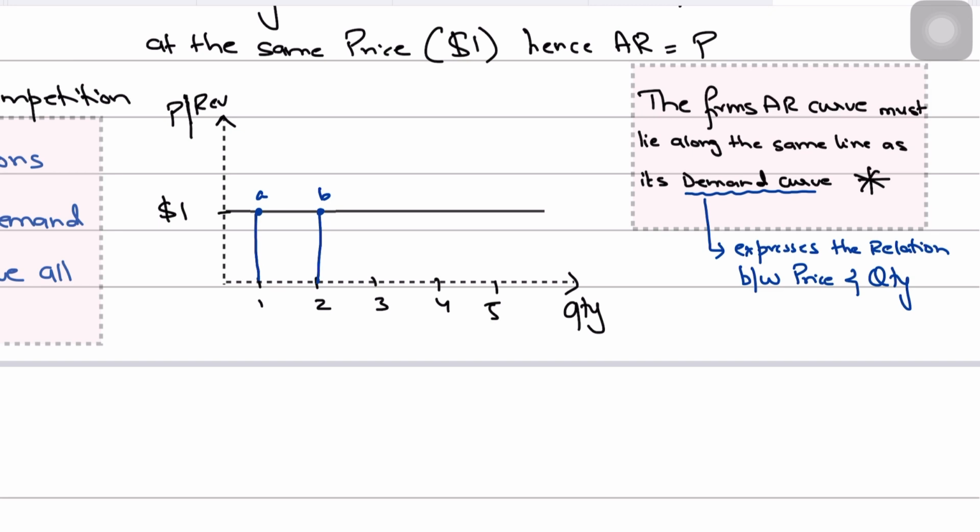So every point on the average revenue curve indicates a relation between price and quantity. Because average revenue is price, the pathway of the average revenue curve is the same as the demand curve, so that makes the average revenue curve the demand curve, right?